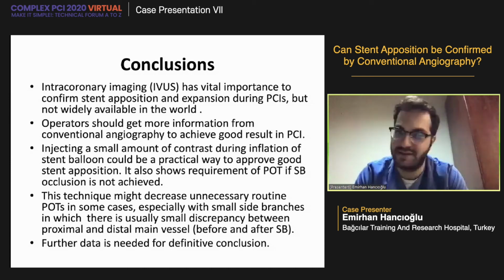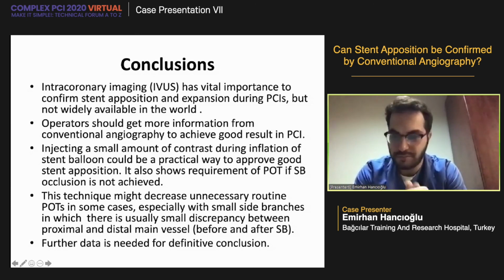We can't do it in every case. So we considered whether we can inject a small amount of contrast during inflation of the stent balloon to show us the expansion or the apposition of the stent.